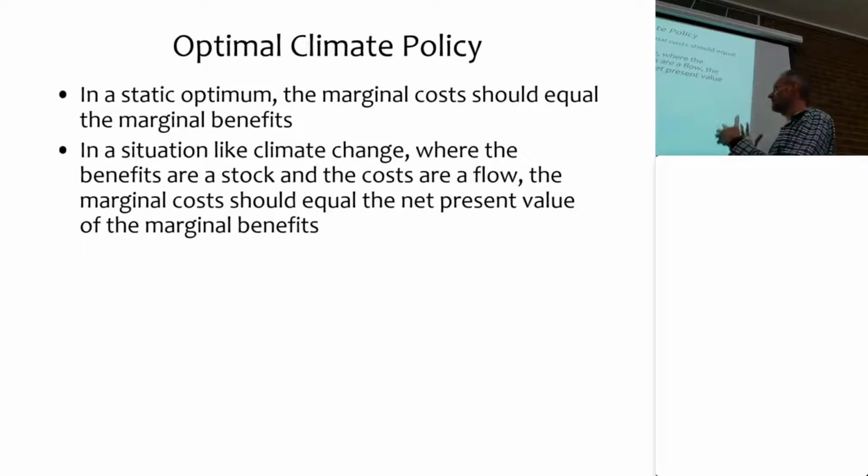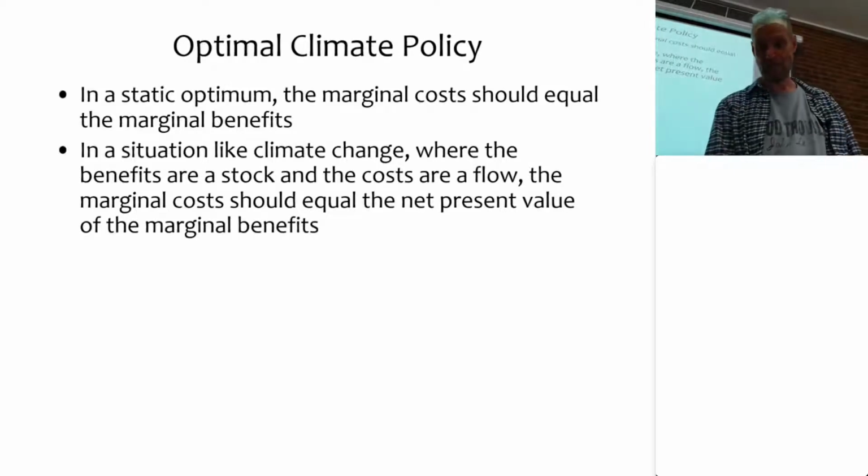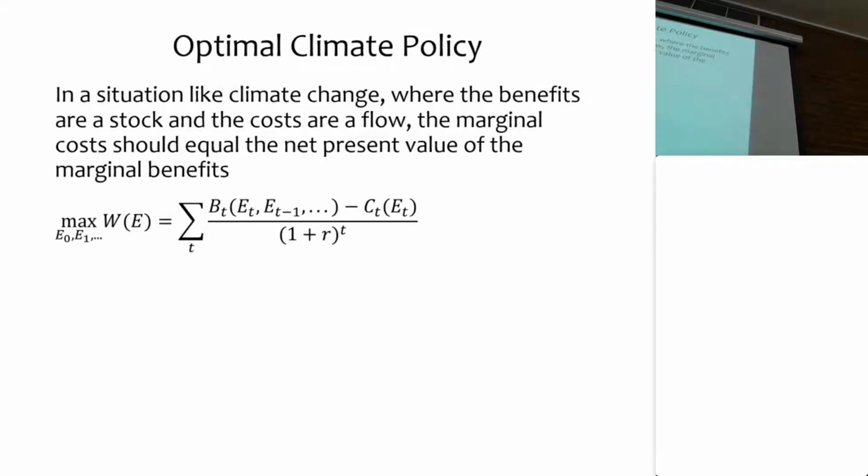This is not entirely how it works, but this is typically how it's done. And that means that the marginal costs are the marginal costs, whereas the marginal benefits are the net present value of the marginal benefits.